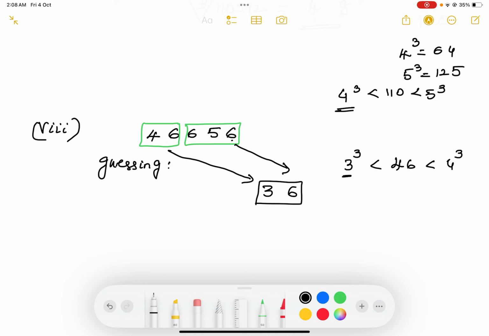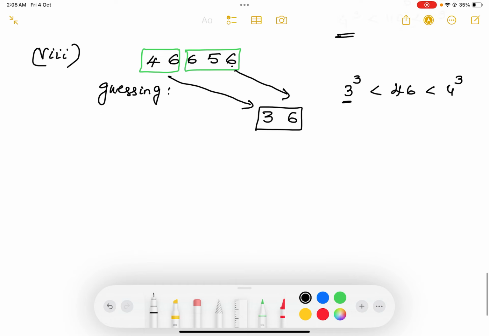Suppose such questions were asked in multiple choice or fill in the blanks, then you can use this technique. Okay, so 36. Now let us do our regular process to check whether it is correct or not. The last 2 digits are 56, so I'll divide by 4. 4 ones, again 4 ones, 4 sixes are 24, 4 fours are 16.